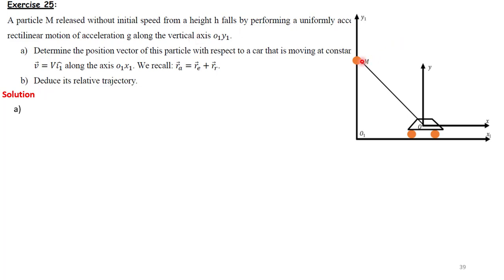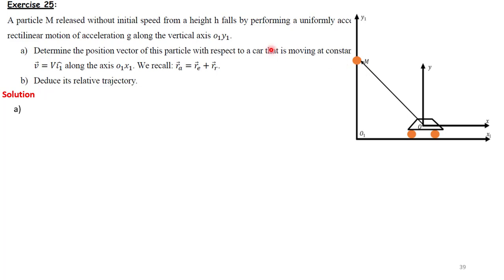So we have a particle m released, it was at rest, so it had v0 equals 0, from a height h. So here we draw the frame O1 x1 y1, where at t equals 0, m was at x1 equals 0 and y1 equals h, at a height h.